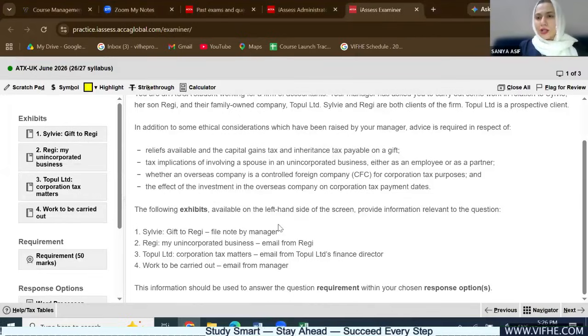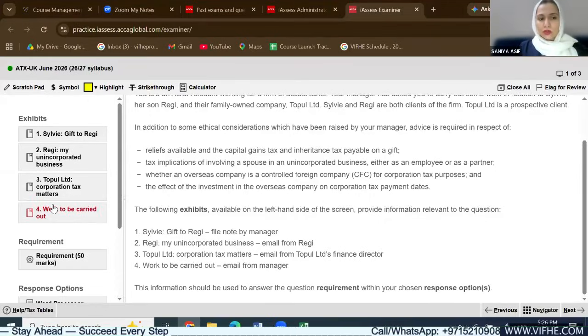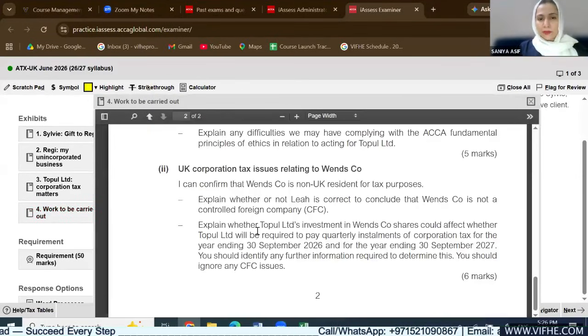All right. So I told you that out of all the exhibits provided to you in your Section A, the last exhibit will show the requirements. So I'm going to open it up.